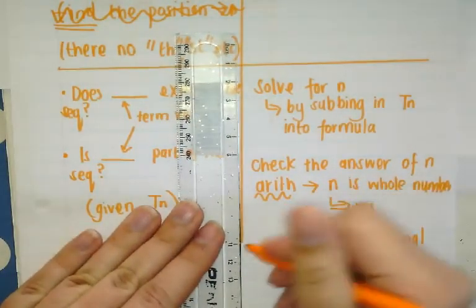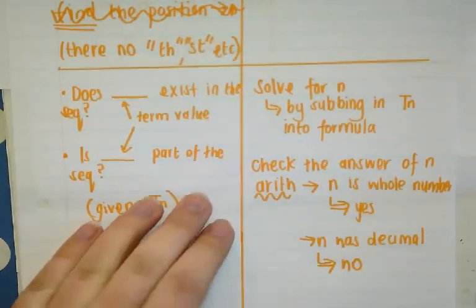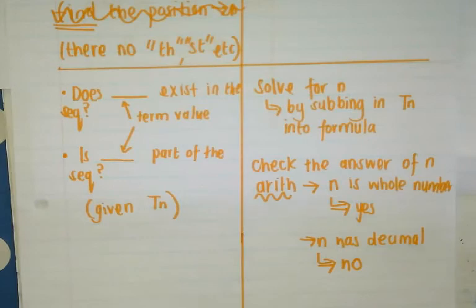So if I'm dealing with an arithmetic sequence and I can find n with no decimals, yes, it is part of my sequence. If I get n but it does have decimals, then no, it's not part of my sequence.